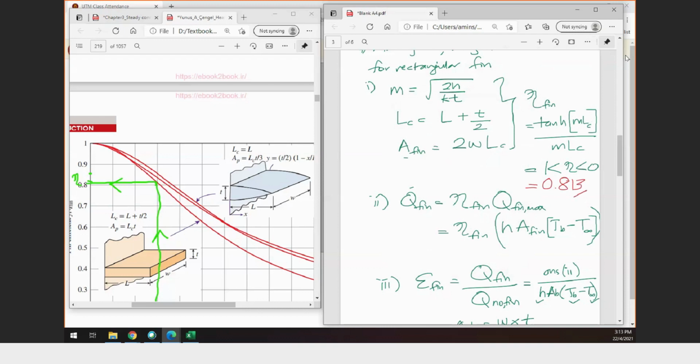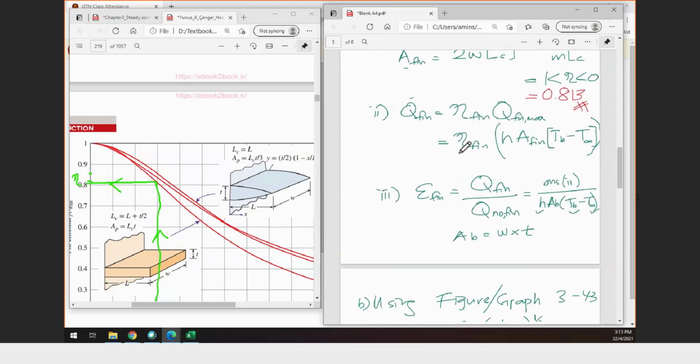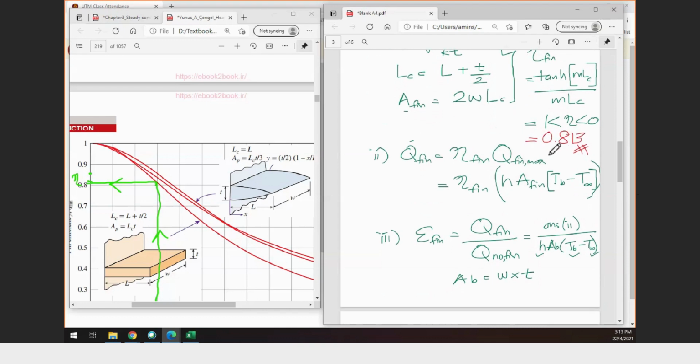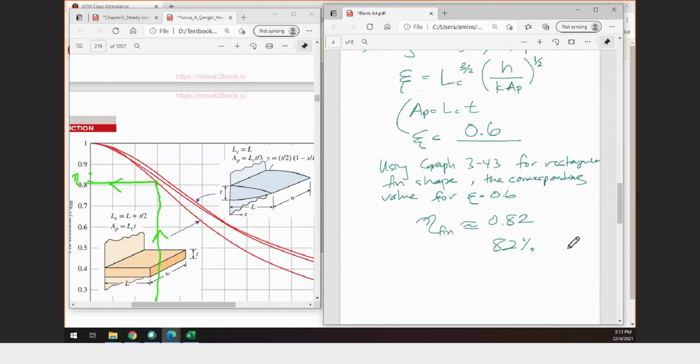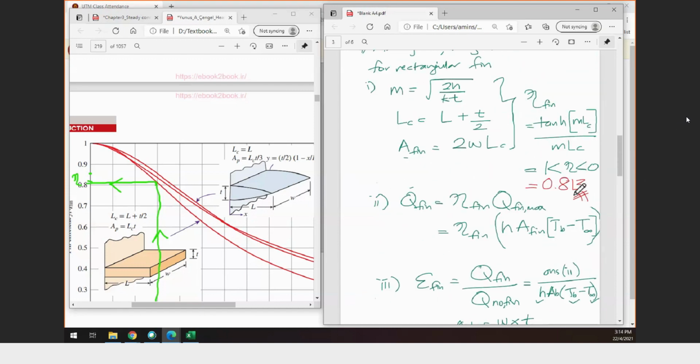Okay, 0.13. Because I already gave this exercise previously as an assignment, so they got 0.13. But if you use this one at 0.6, you will get approximately 0.82. Not very accurate, but a bit close to the value using the equation.